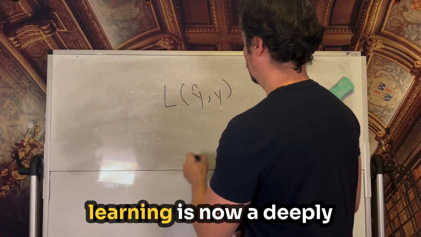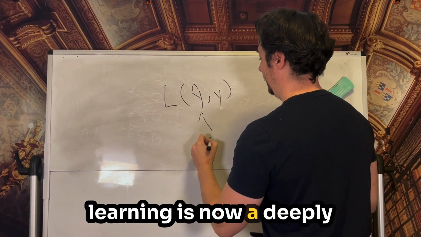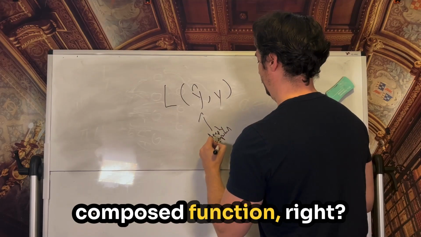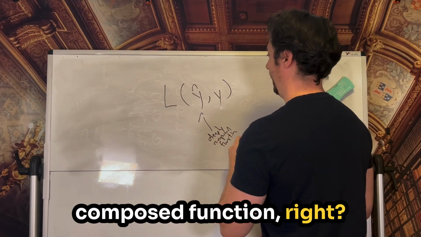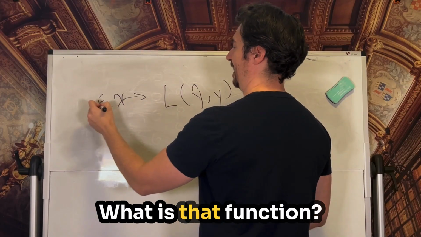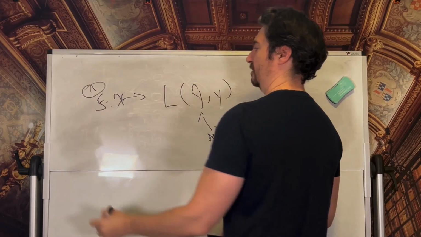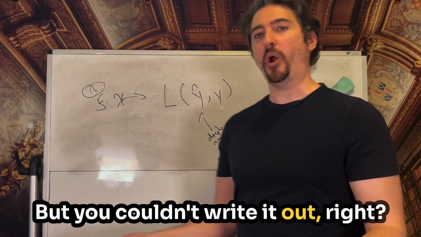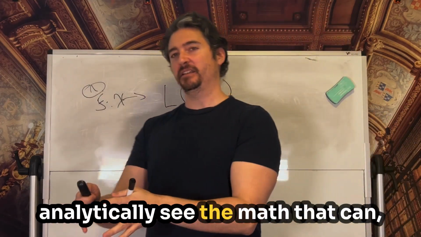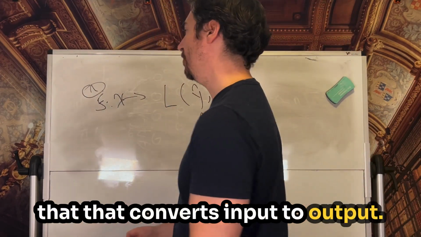But this guy in deep learning is now a deeply composed function. So what is this mapping? What is that function? You couldn't write it out. You can't explicitly, analytically see the math that converts input to output.